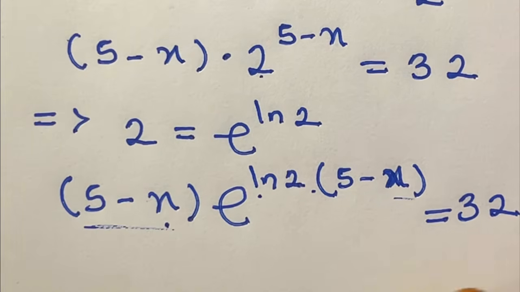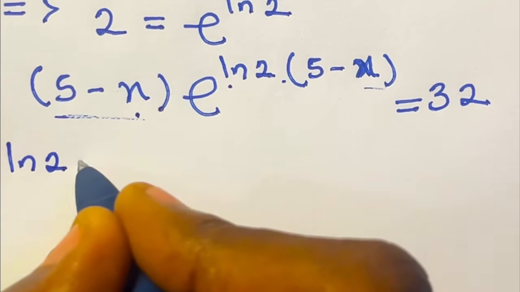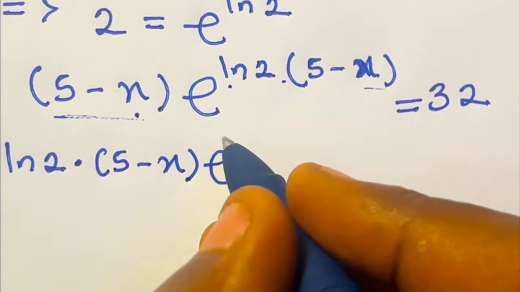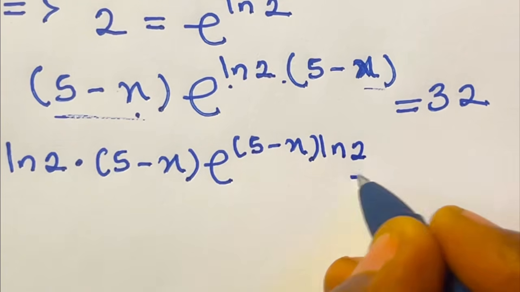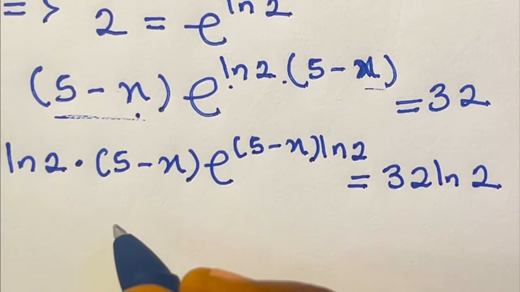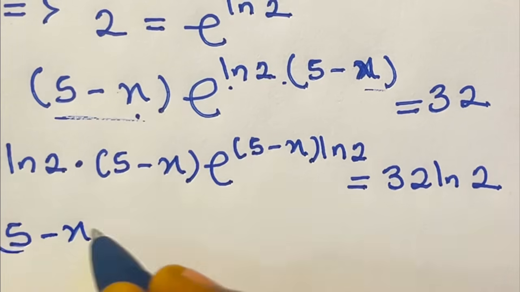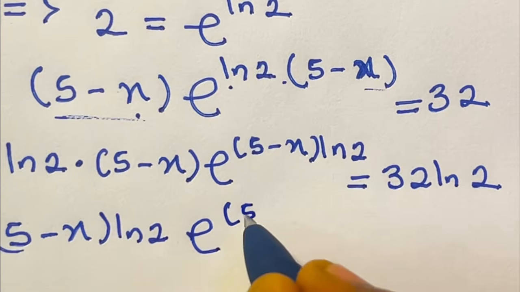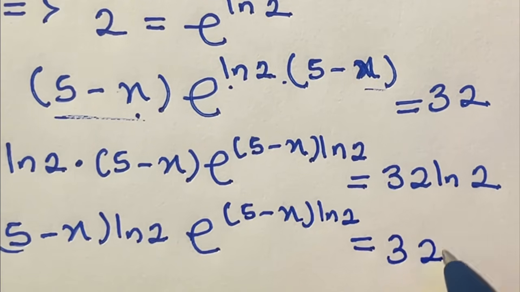So by multiplying both sides by ln 2, we are going to have ln 2 multiplied by 5 minus x, exponential of 5 minus x ln 2, equals 32 ln 2.